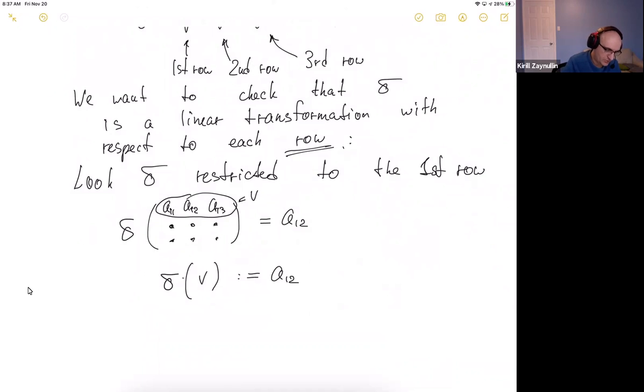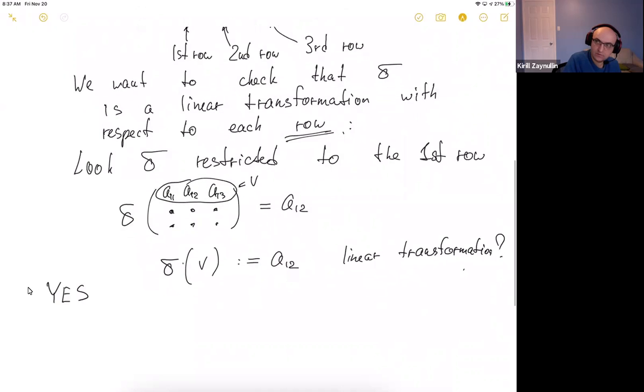Now the question is whether it's a linear transformation. Of course, the answer is yes in this case. Why?